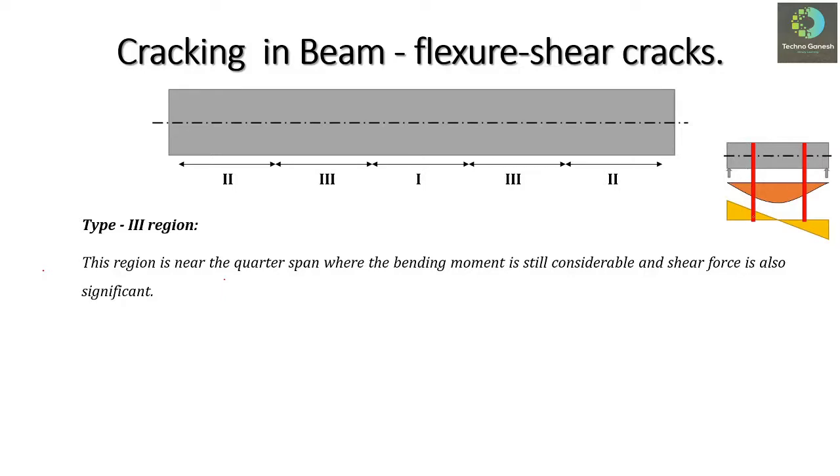As we can see clearly, as shown here with the red strip, in this quarter span the bending moment is still considerable, and at the same time the shear force is also significant. So the cracking pattern in this region will be a combination of type 1 and type 2 cracks we have seen in the last lecture.